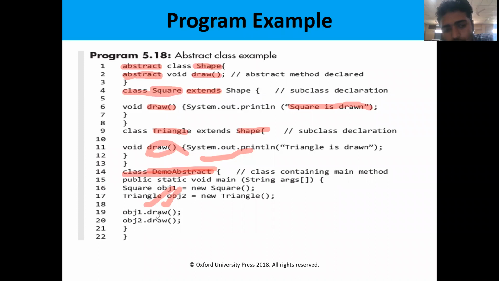So we need an object of type square and of type triangle: object1.draw, object2.draw. There is a dot operator here. So this is how we can implement the abstract classes.